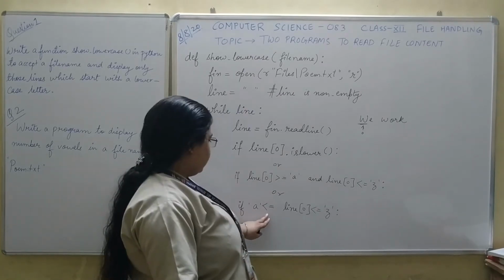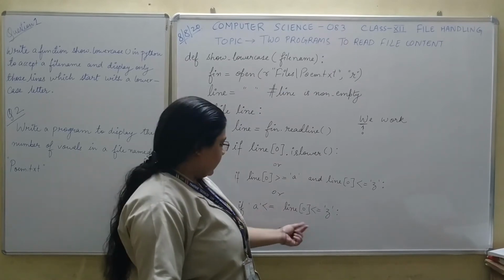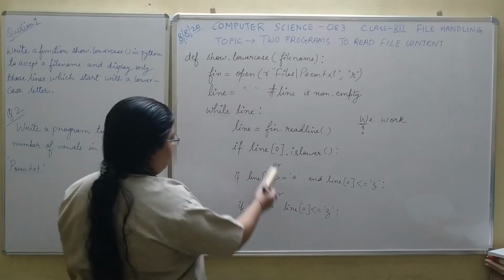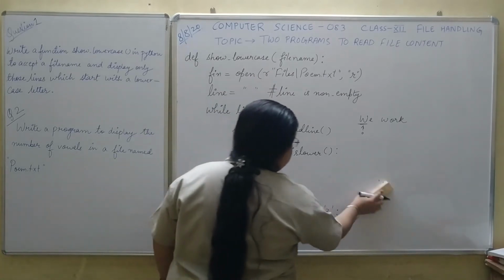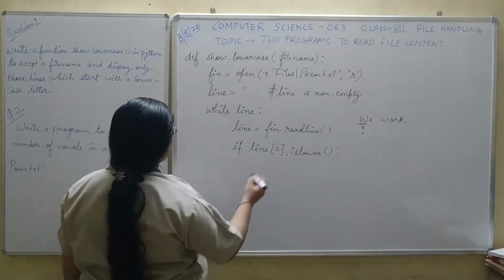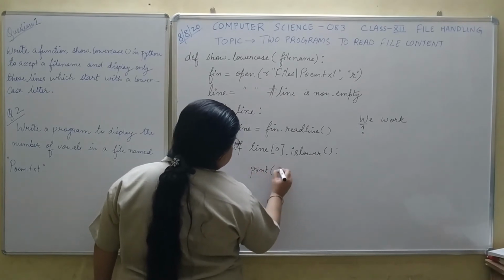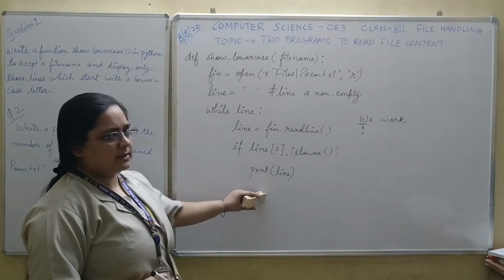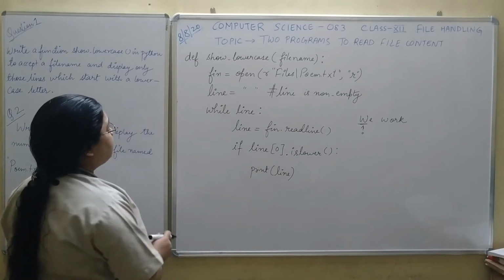If it is greater than or equal to a and less than or equal to z, that is, it lies in between small a and small z. So we can use any of these approaches. I am using the first approach. If this is the case, then we have to display that line. So print line. If that is not the case, this statement won't be executed. And with this we complete the function.